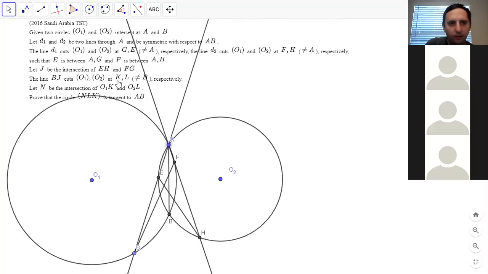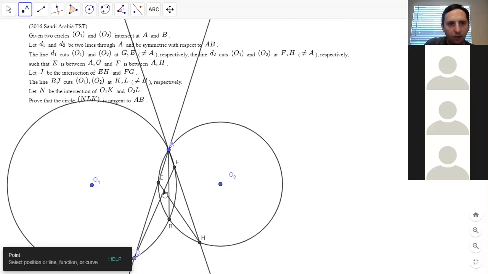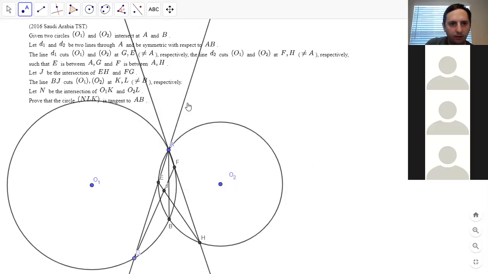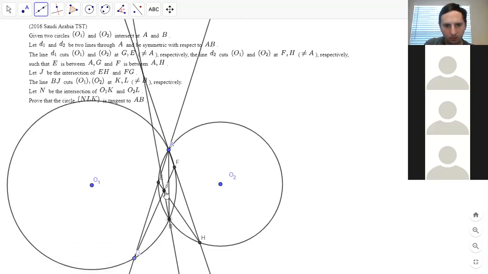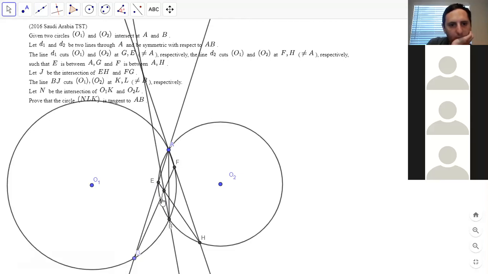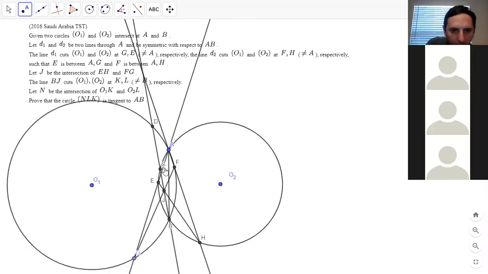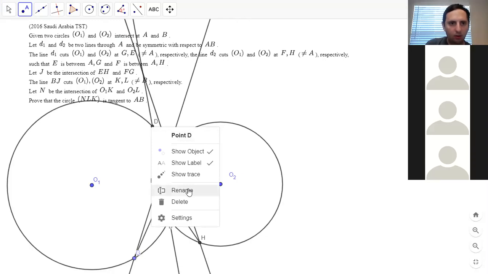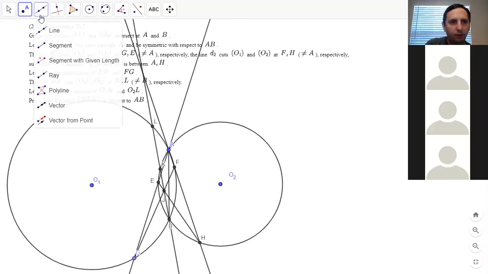So I like that. That looks good. So this is J. And BJ cuts the circles at K and L. So this should be K, and that should be L. And then we see, where does O1K intersect O2L?